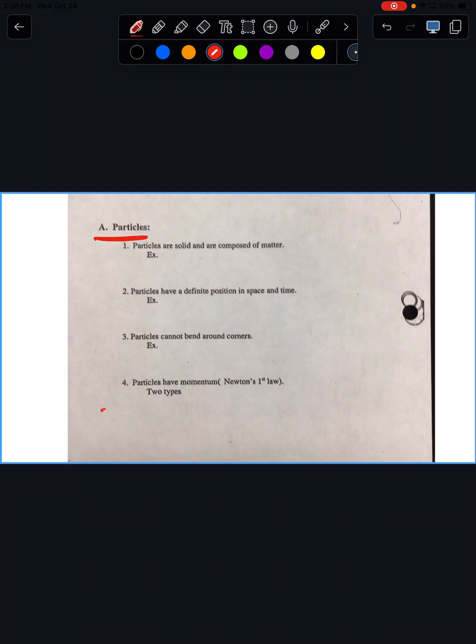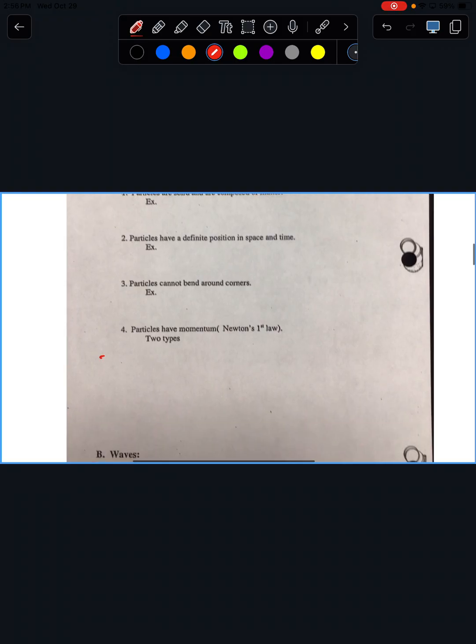Momentum is the mass times the velocity. Mass in kilograms. What's P? P is momentum. And V is velocity in meters per second. Why is momentum P? Because M was already taken.